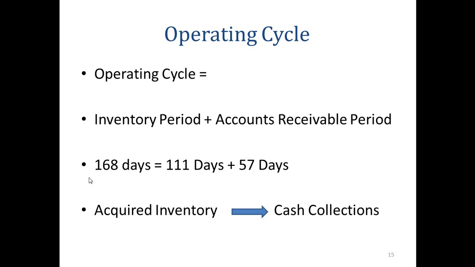So the operating cycle is looking at the inventory period and the accounts receivable period. So we have 160 days equals the total operating cycle, and that's coming from the 111 days on average in inventory, from warehouse to cost of goods sold, and then it's taking on average 57 days to collect.